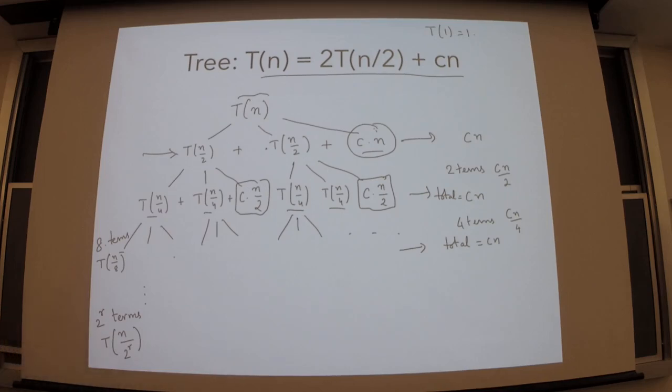So you expand this tree. r equals log n. Now in this case, what happens? You now have a tree of depth log n. Now what is T of n?